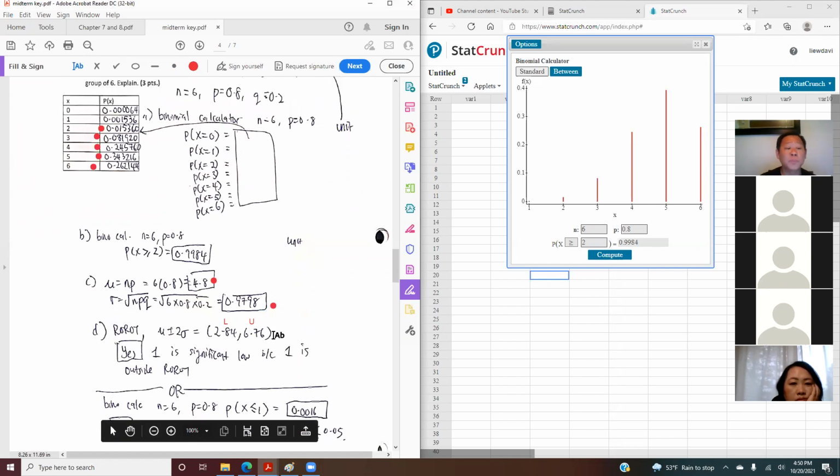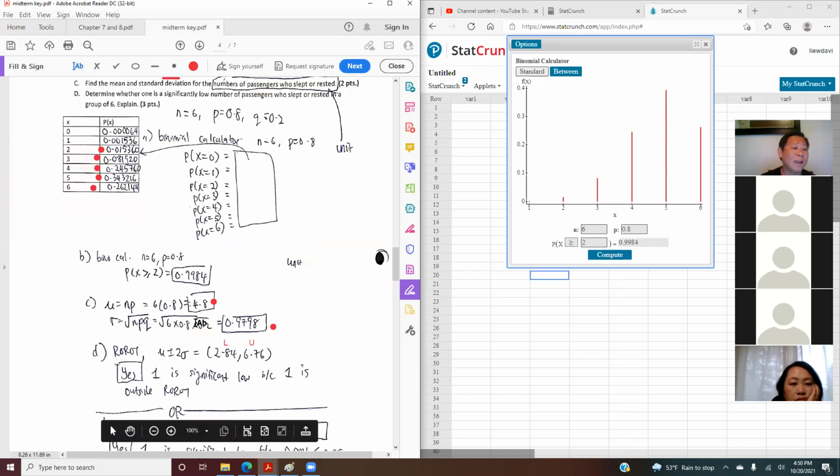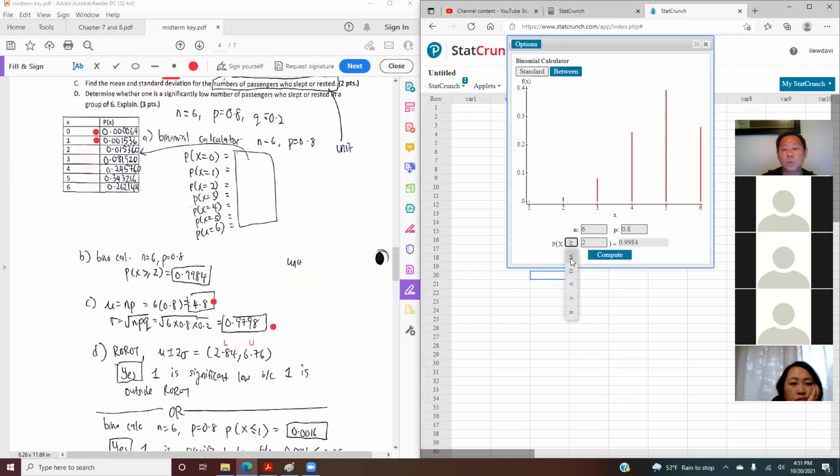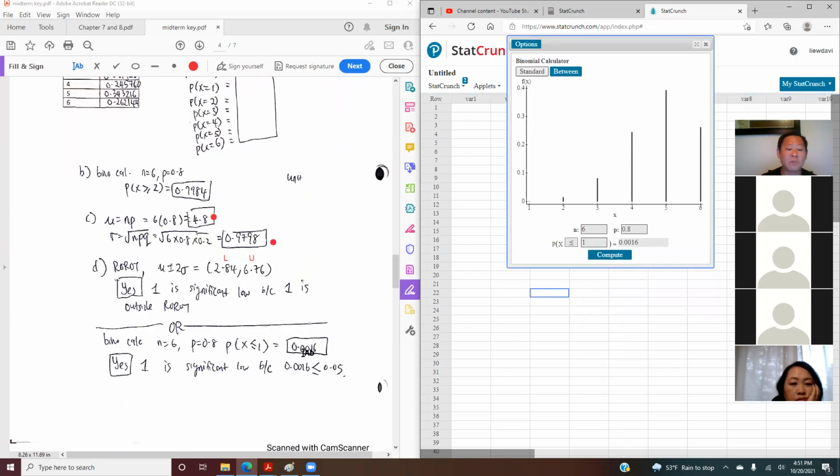Some of you want to use probability. When you use your probability, you don't look at exactly 1. When you look at your probability for this case, you actually need to use 1 or less. So you actually need to add this probability up, or you can do 1 or less using your StatCrunch, which would be 0.0016.